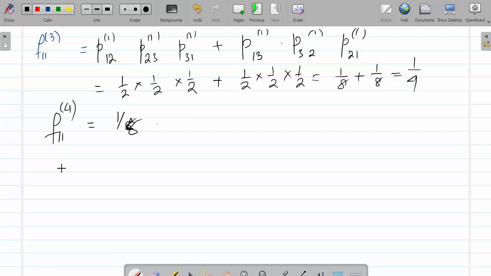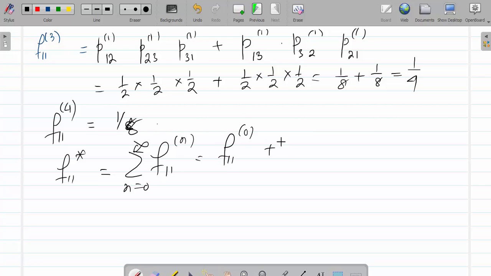So now f11 star is equal to summation n equal to 0 to infinity of f11(n), that is f11(0) plus f11(1) plus f11(2) plus f11(3) plus so on.